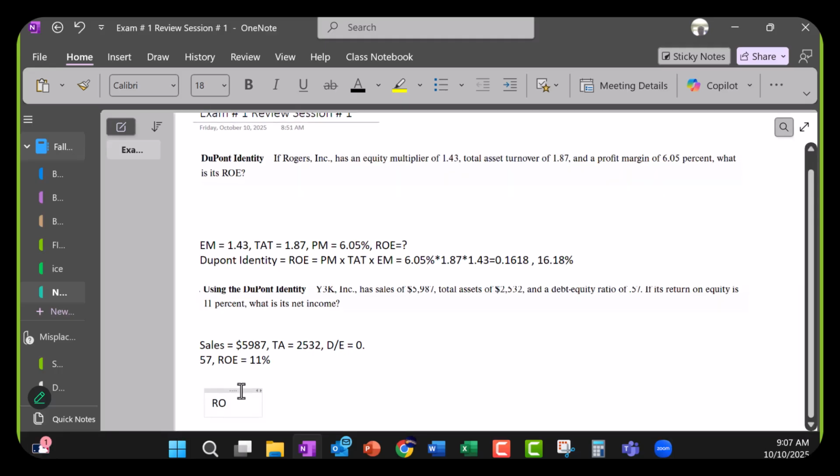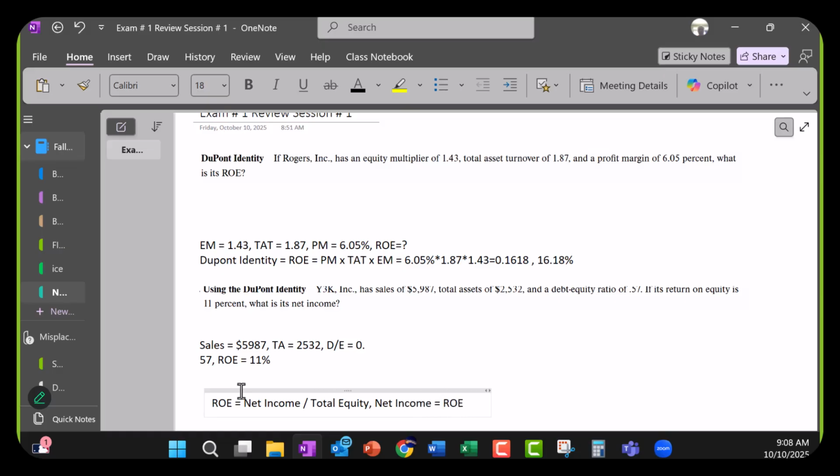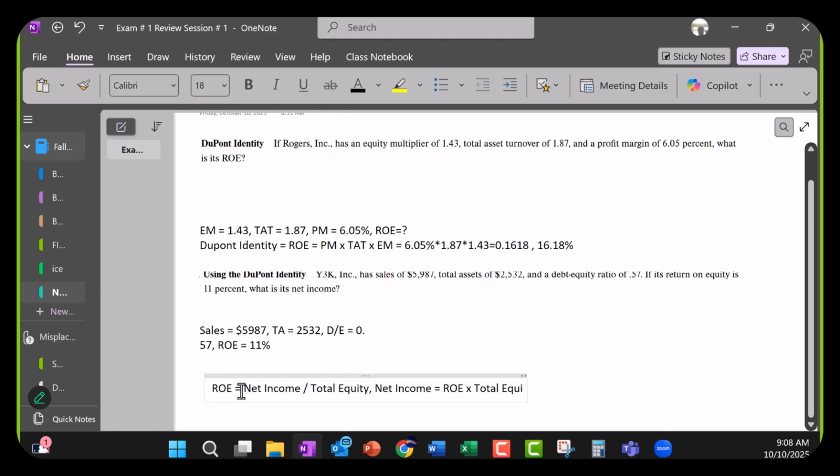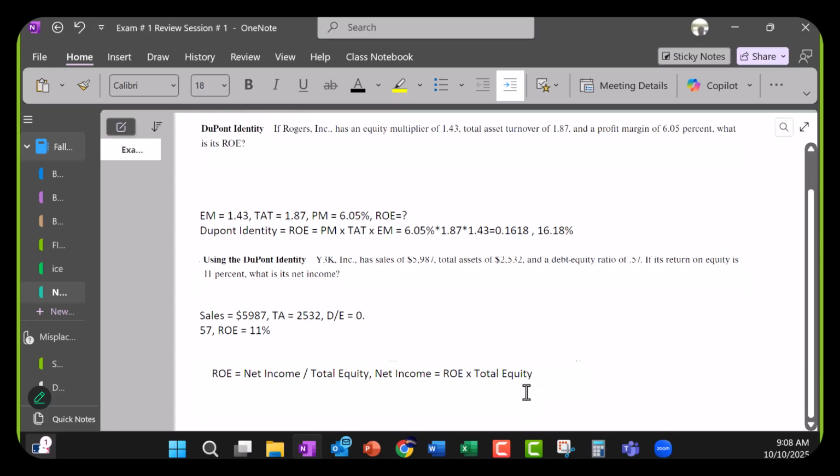Well, think about return on equity. We define it as net income divided by total equity, right? Which means we can write net income as ROE times total equity. Well, we do know what ROE is, so we need to figure out a way to calculate total equity. And that would be easy to do.